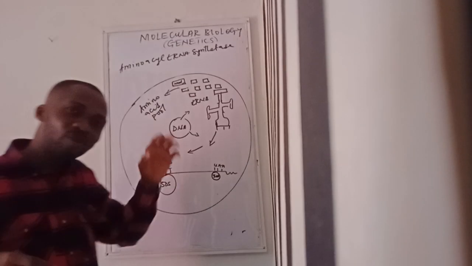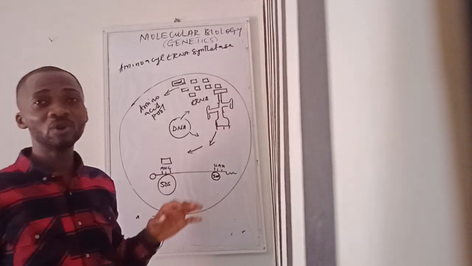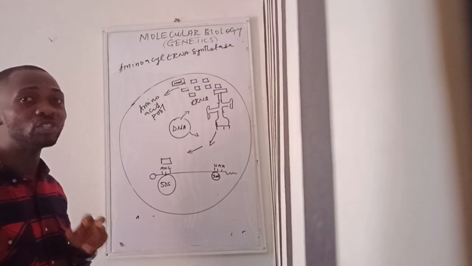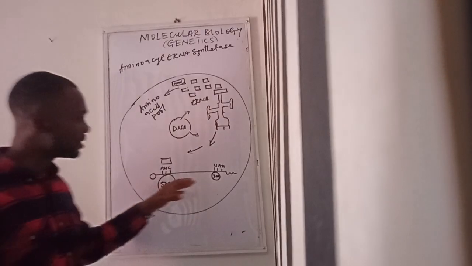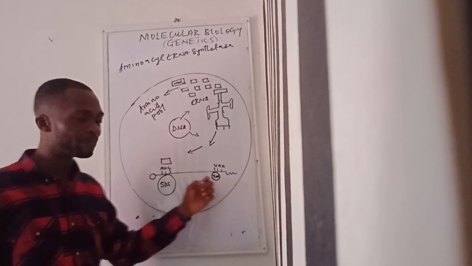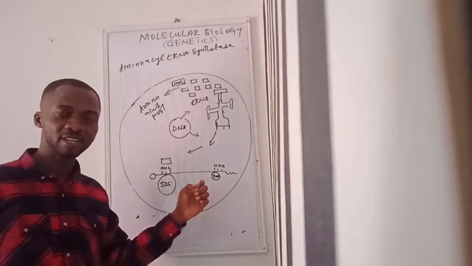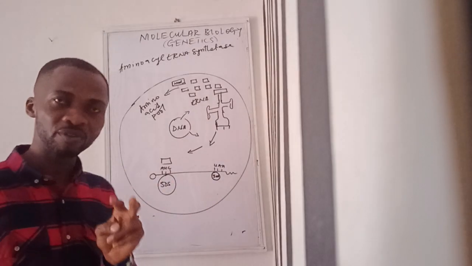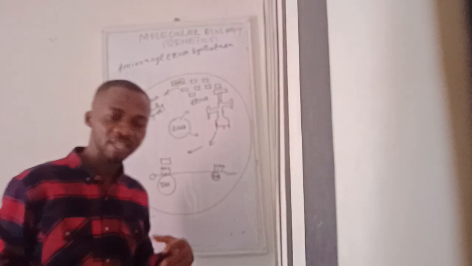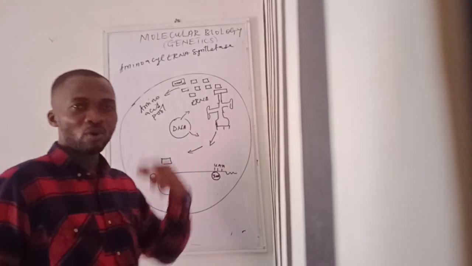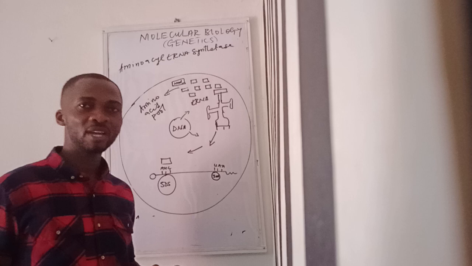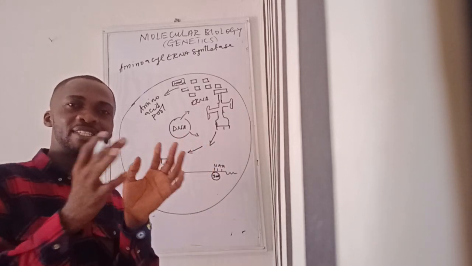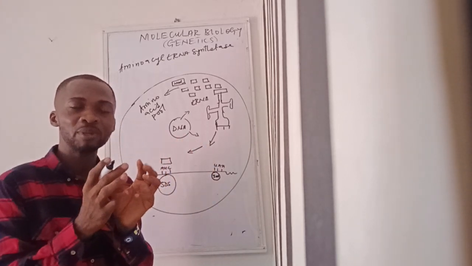That is what they call the initiation complex. The 30S and 50S are the two subunits of the ribosome, and when they come together they form a functional 70S ribosome, meshed together.